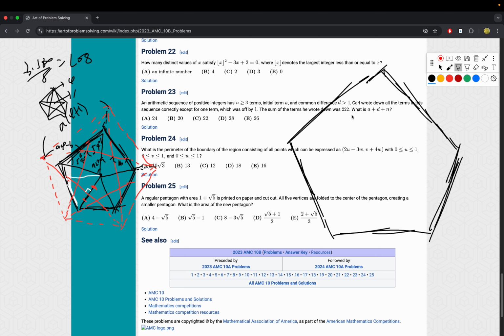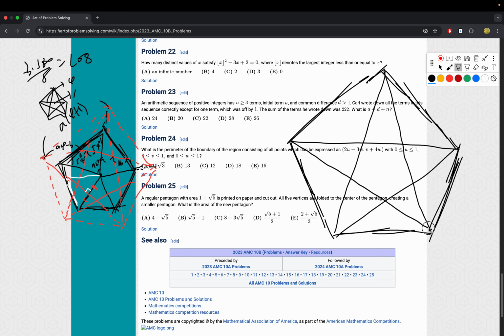And we have this. And then this is a small pentagon.